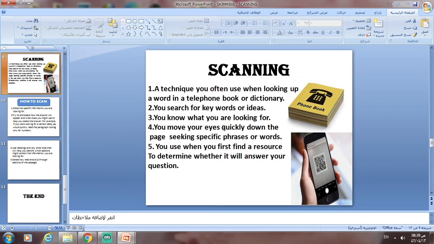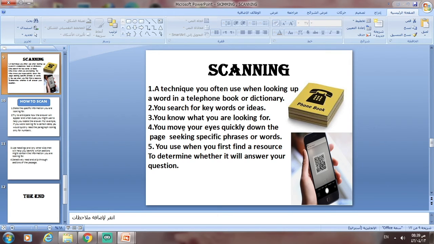For example, if you have a friend whose name is Muhammad, you start searching only the letters that start with M, and you come down to the names that start with Muhammad. So it is a technique you often use when looking up a word in a telephone book or dictionary, for example. Also, you search for keywords or ideas.